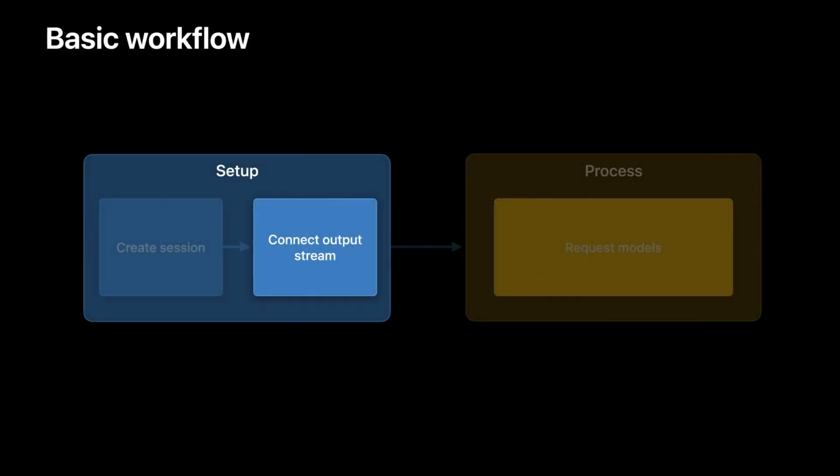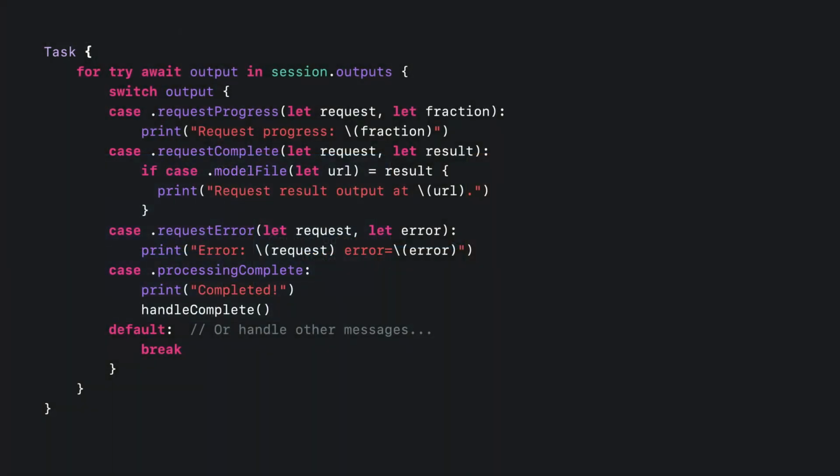Now that we've been introduced to the concept of the session output stream and seen the primary output messages, let's take a look at some example code that processes the message stream. Once we have this, we'll see how to request a model. Here's some code that creates an async task that handles messages as they arrive. It may seem like a lot of code, but most of it is simply message dispatching, as we will see.